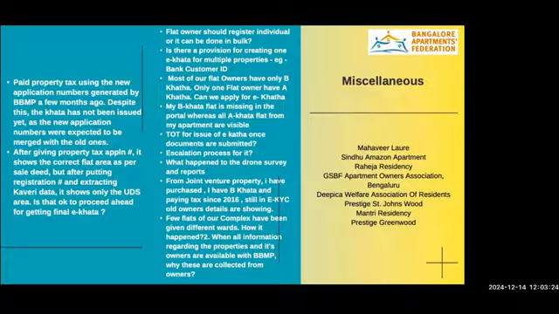It's a mutation process. Few flats of our complex have been given different wards. How did it happen? See, it could have happened by mistake, obviously. So we are now releasing an option to correct the ward in the ARO offices. The caseworker can correct the ward, and ARO will approve it. That module is going to roll out in the next 4, 5, 7 days.